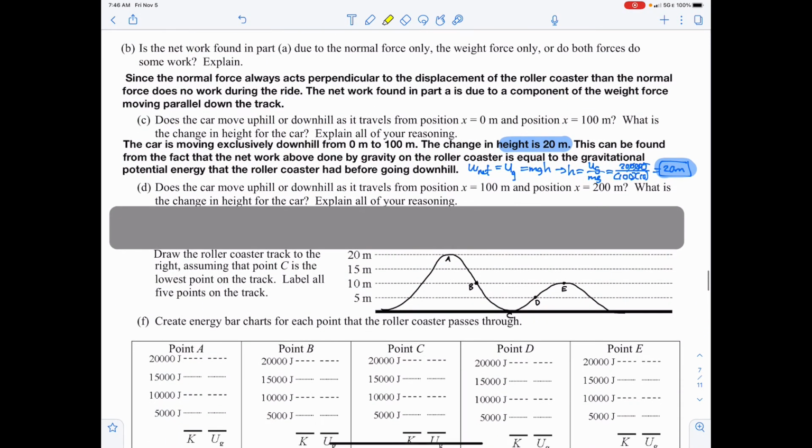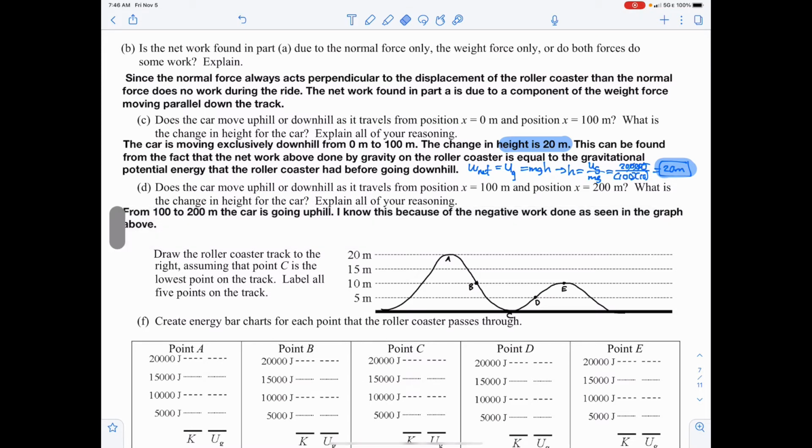Negative work done always indicates that there's a loss or a decrease in mechanical energy. Negative work, we have to be going uphill because the parallel force of gravity is now slowing down the car rather than speeding it up.